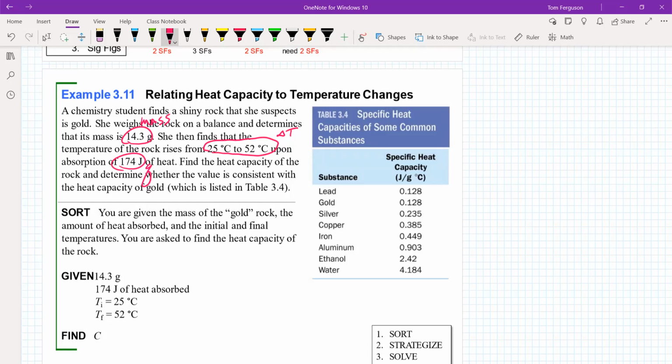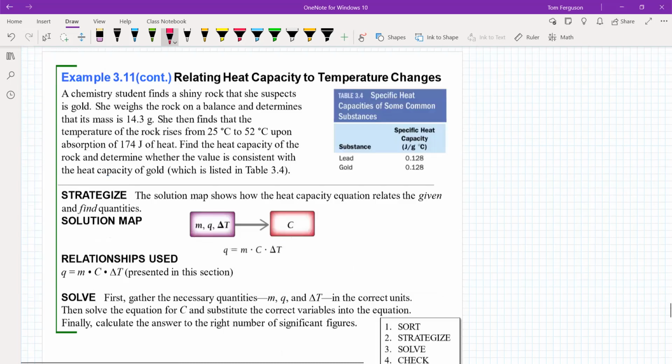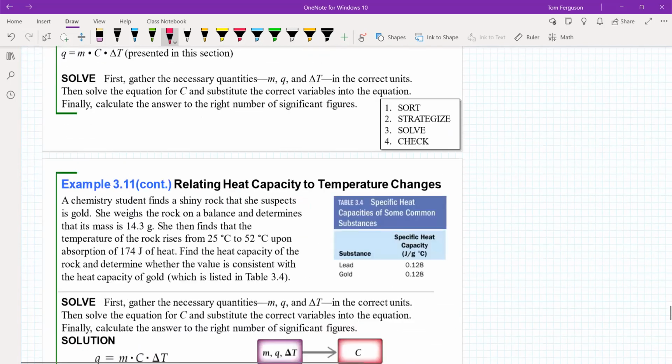So what they want you to do there is to find C, the fourth variable. It's always four. So this is a standard dimensional analysis problem. Okay, these are just more examples here.